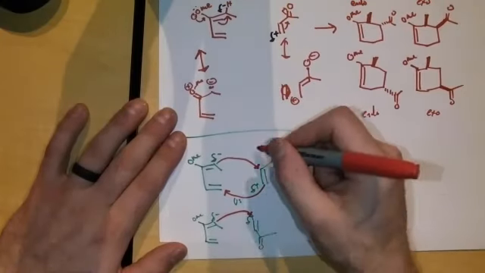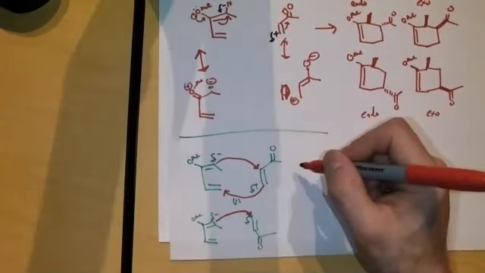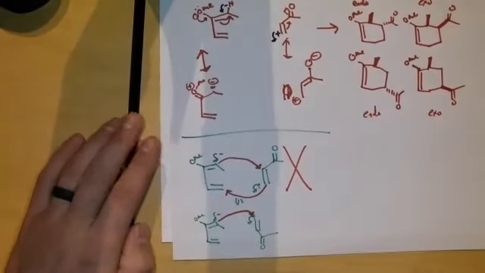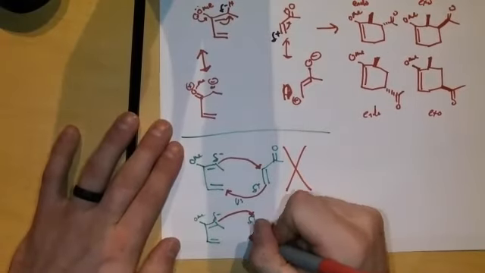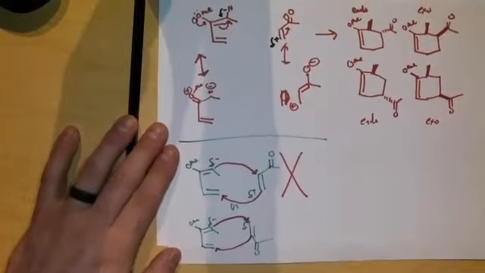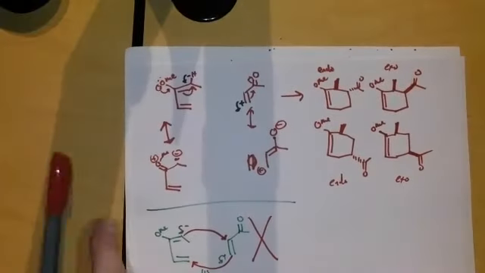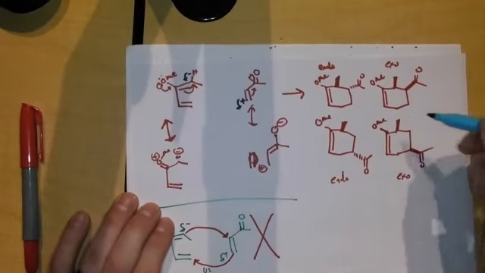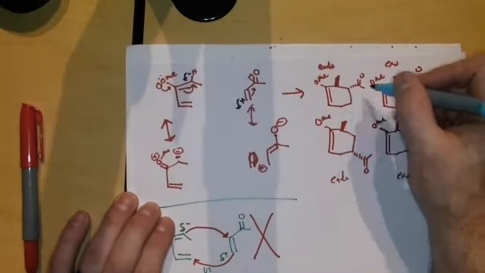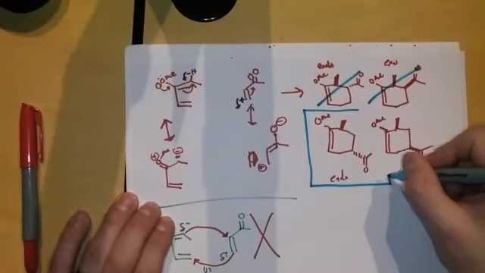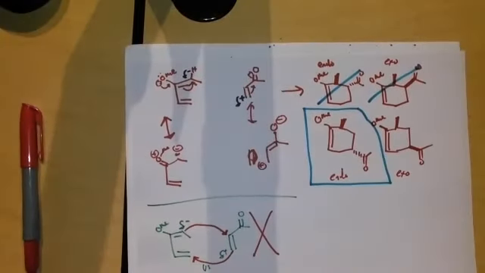Because of that, this one is not going to happen. Our more favored one is where these two charges line up here, which means this is pointing downward. So our major product, we can cross these two out, is going to be this one.